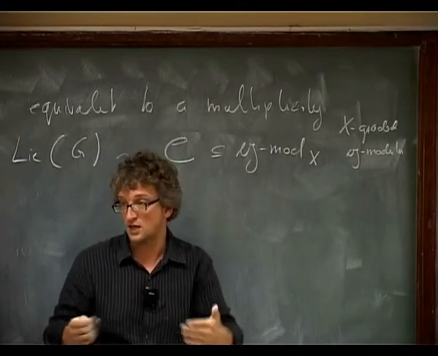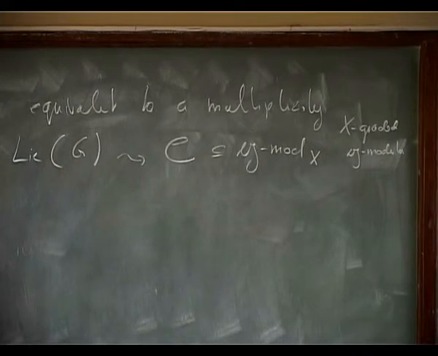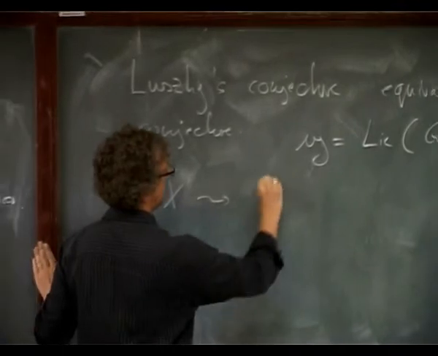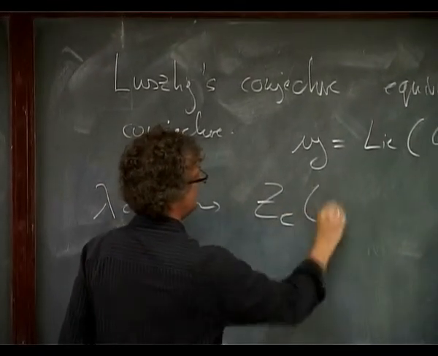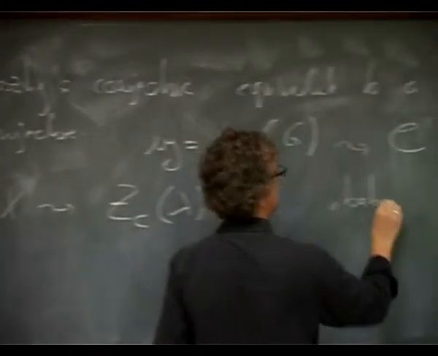So it's a kind of Harish-Chandra category C, and then for each lambda in X, you define the baby Verma module Z_C(lambda) in C.